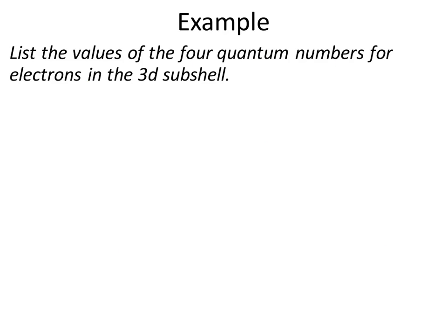Now it says, list the values of the 4 quantum numbers for electrons in the 3d subshell. Okay, now it's telling us a specific subshell here. Now 3 again means your energy level, so that means n is going to be equal to 3. For the d shape, we have to look at what our L value is. Now if you remember, we have L values of 0, 1, 2.